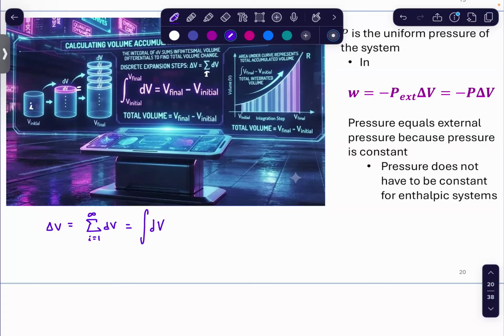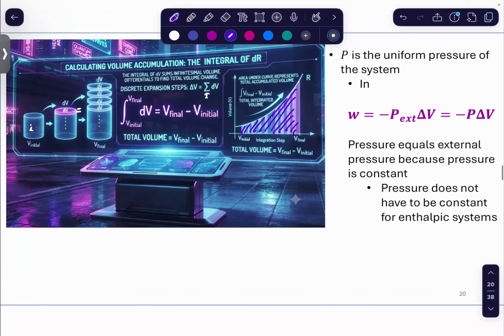And so if you have a graph, if you go from your initial volume to your final volume, your integral gives you the total area underneath the curve. But doing things differential-wise can help us figure out a number of different expressions. And so, of course, with our work, we're using P instead of P external.